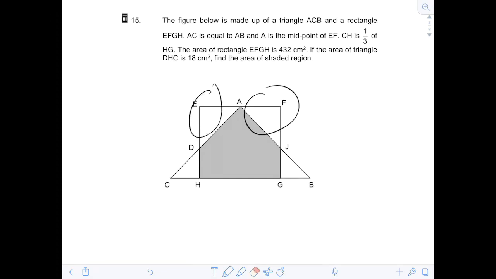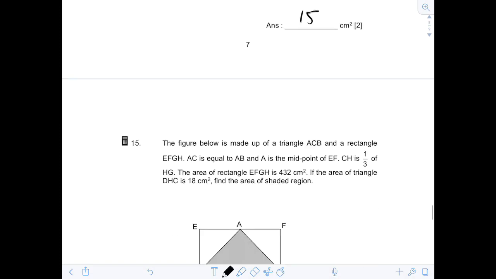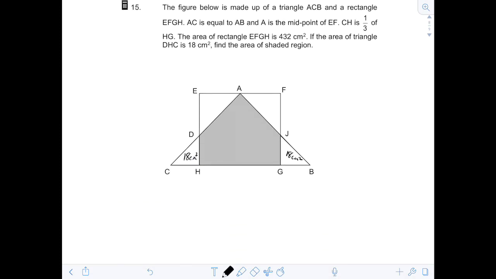But for this case, first we have to put in all the information that we already know. We know that this DHC here is 18 square cm, and we know that this and this are actually the same. Then the next piece of information they gave is that CH is 1/3 of HG.